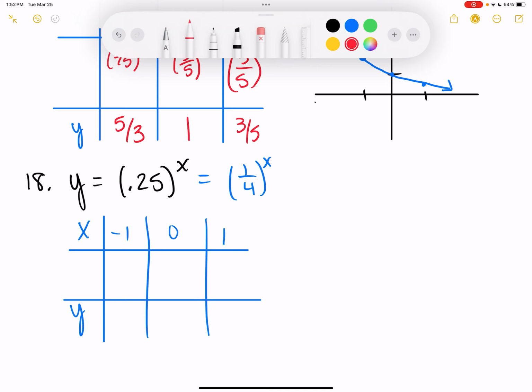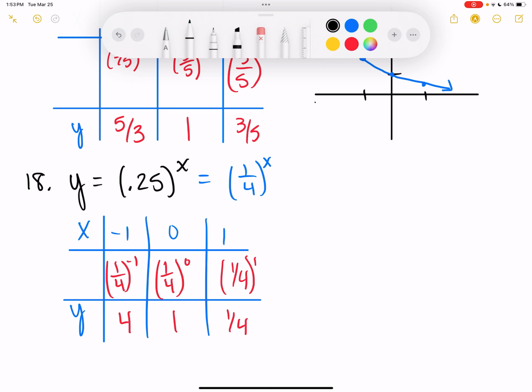So 1/4 raised to the -1 would be what? 4. 1/4 raised to the 0 is 1. And then 1/4 to the 1, which obviously we don't really need to write that one, right? Because we know it's going to be just whatever it is, but if you want to write it out, you can.